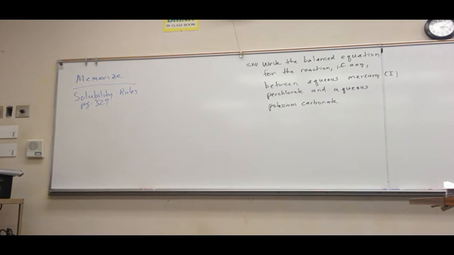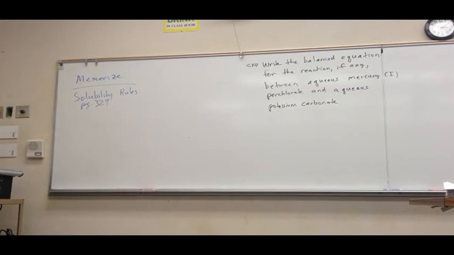See how that works? Rule number 1 says that the alkali metal salts and ammonium salts are soluble. That takes precedence over anything else. So if it's in the first column, lithium, sodium, potassium, rubidium, or cesium as the metal, with any anion, that's soluble. The same thing goes for ammonium, NH4+.